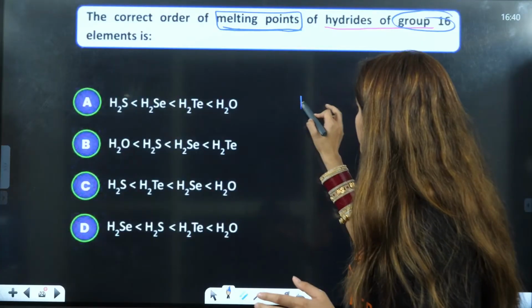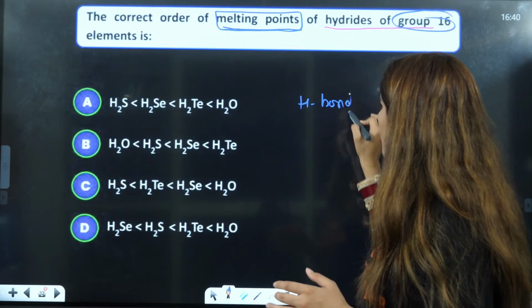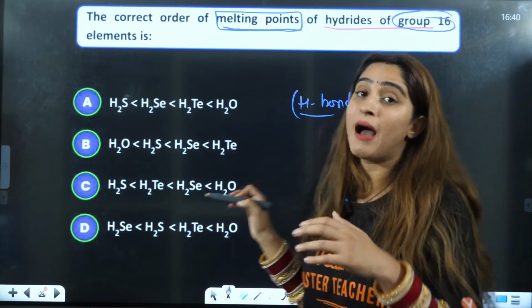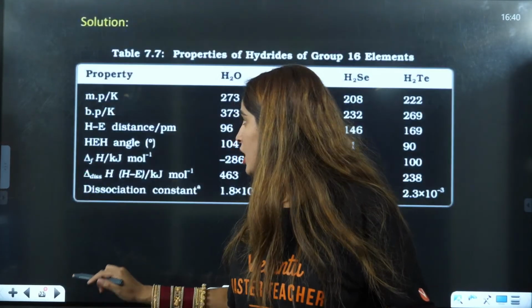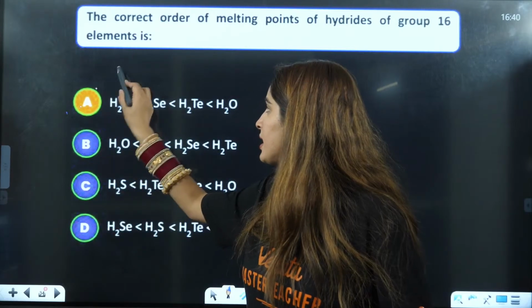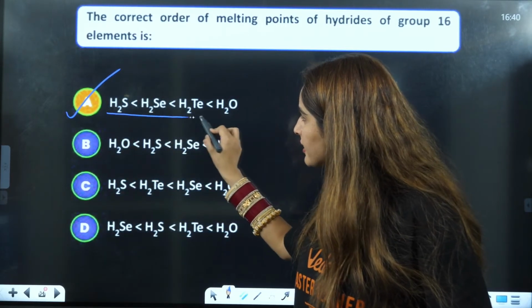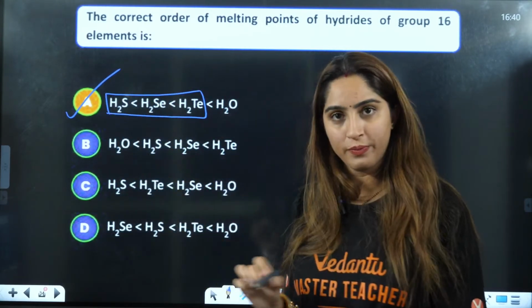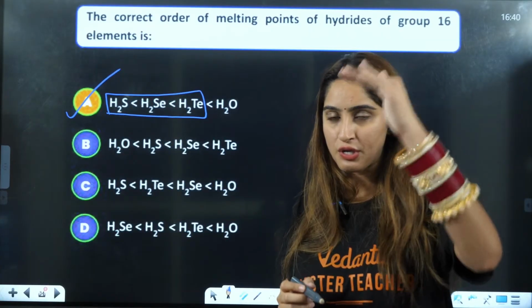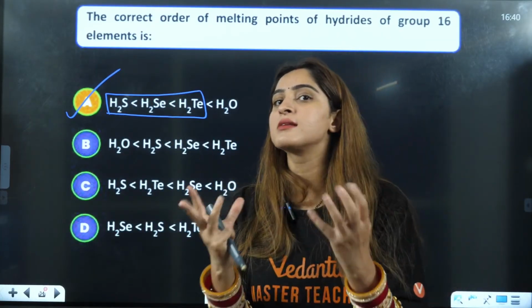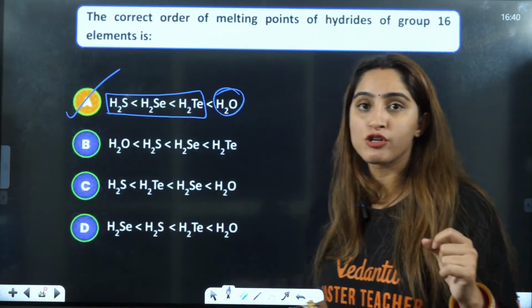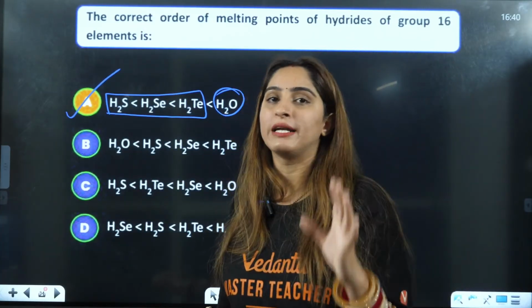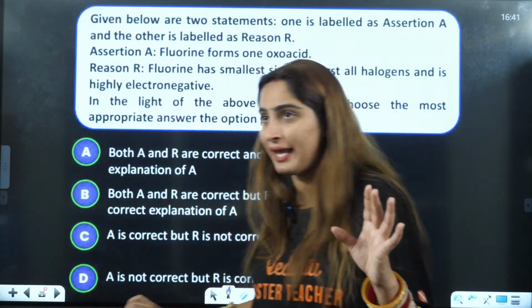H2O, because of the hydrogen bonding, we didn't expect that it will have the maximum melting point, but it does have the maximum melting point. So answer is going to be, this is increasing down the group. Yes, that is definitely right. It is going to increase down the group because the size is increasing, right? Okay. But this, because of the hydrogen bonding, has the maximum melting point here. So answer is going to be A.